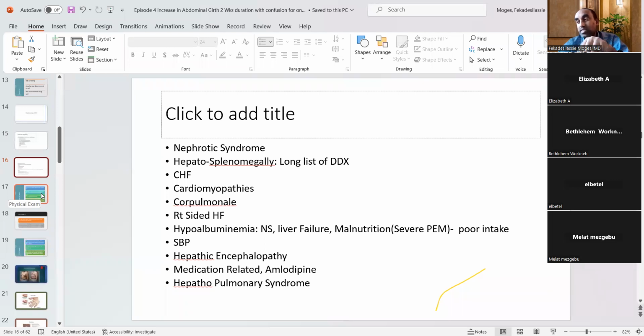So on chest examination, what do you do? What do you expect in chest examination? The patient can have signs of respiratory distress and pleural effusion. Pleural effusion is a possibility. Yes, exactly.